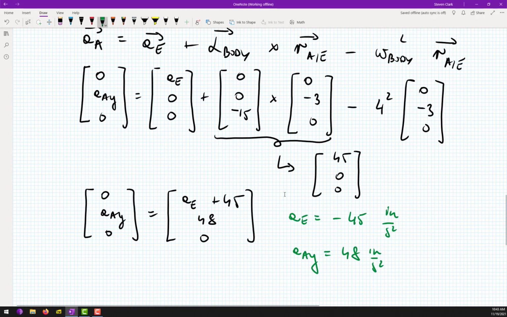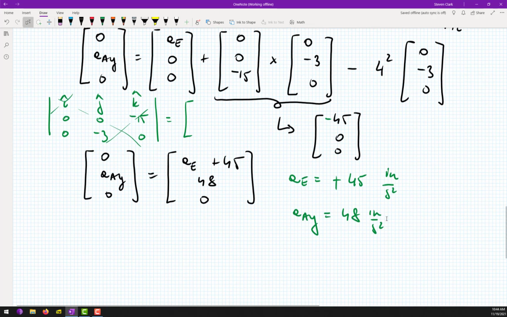Maybe I made a mistake at home. It seems like you're right. So negative 45, yeah. So that will be positive. Since it's clockwise, it is positive, yes. Okay, thank you, you're right.